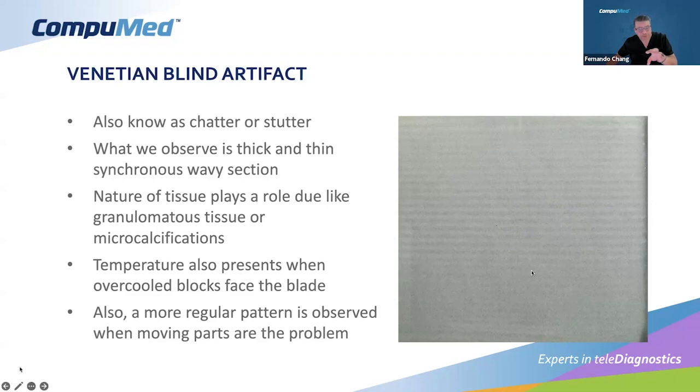It goes in a more repetitive, more synchronous way. I also think it can happen when there are overcooled blocks, when something is really, really cold. But this pattern also happens because of the folks working in the field, the technicians.